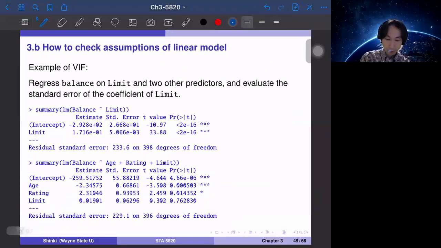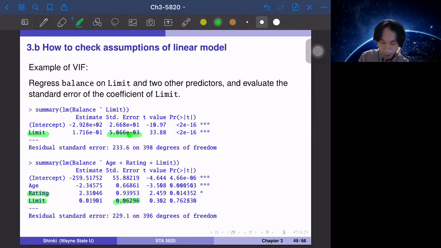Basically, we compare the model with the specific variable and the model with additional variables. Then we compare the standard errors, and we can get the variance inflation factor.